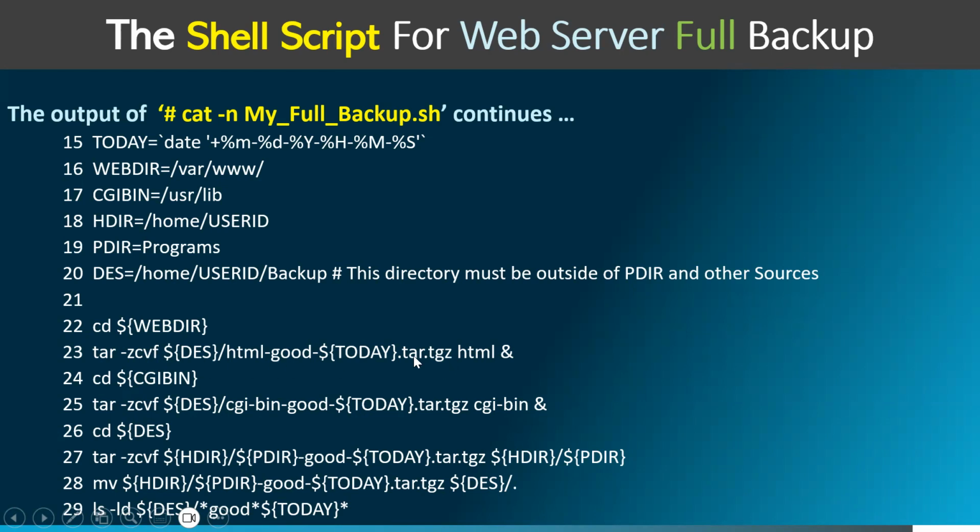So when we want to create this .tar.gzip file, we could have just tarred it up without -z and then gzipped it to give the extension of tar.gzip. But in the newer format of the tar command, you can put all of them together: Z, C, V, F. Z for creating the tar.gzip file, C for creation, V for verbose, and F for file. So you could just say this path, and now it will create it for the given day, with a timestamp of hour, minute, second, .tar.gzip for the HTML file.